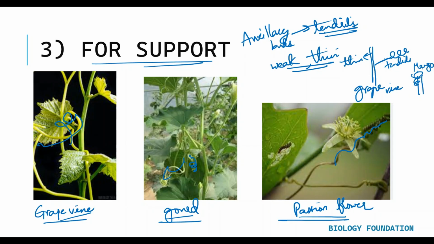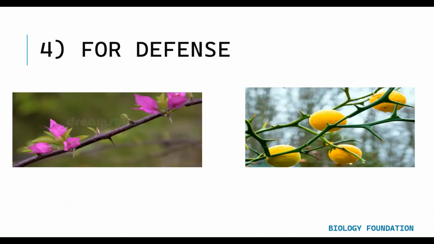They take support from the mango tree, and the grapevine starts multiplying and developing its fruits. Is it clear? So tendrils are modifications of the auxiliary buds that develop from the stem, and they provide support to the plant, helping it to climb.